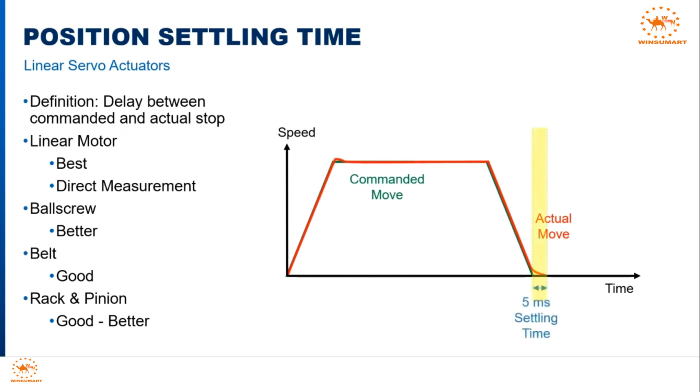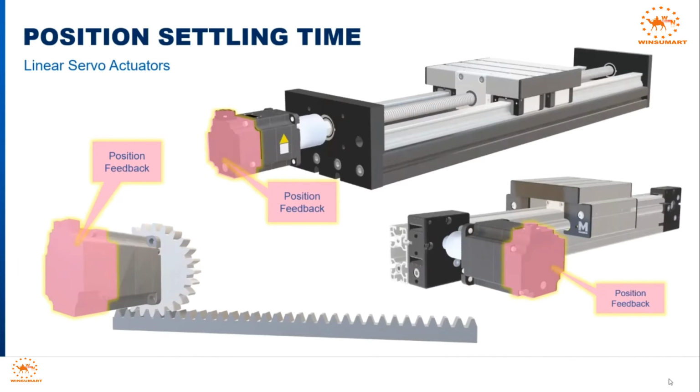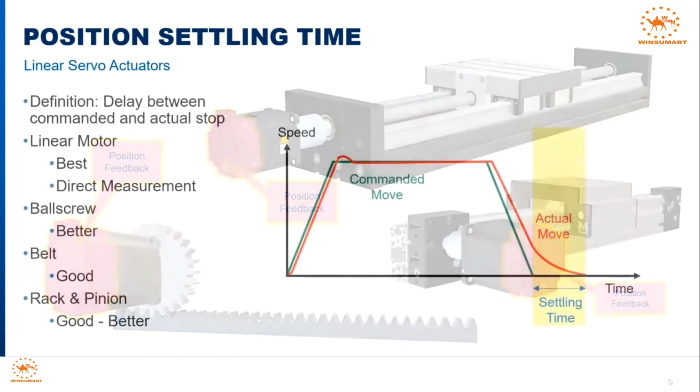Achievable settling times for the ball screw and belt generally follow the level of mechanical rigidity and backlash, with screws generally outperforming belts. The same goes for rack and pinion, although fast moves and low settling time are typically not the focus with these larger machines. Remember that the position of these mechanisms is measured through the encoder of the rotary servo motor.